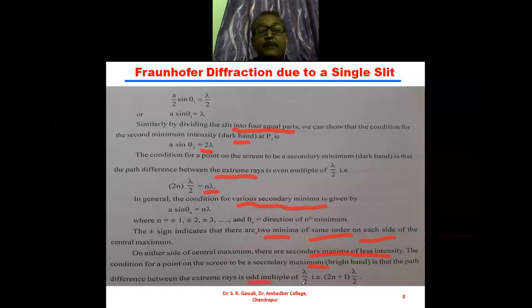Earlier, for the minimum, it was an even multiple of lambda by 2. Now for the maximum intensity we get an odd multiple of lambda by 2, that is 2n plus 1, the odd number generator, multiplied by lambda by 2. So this is the condition for the secondary maximum intensity.